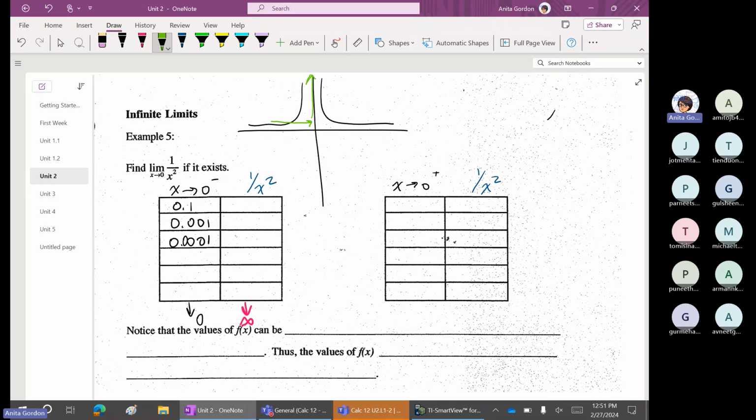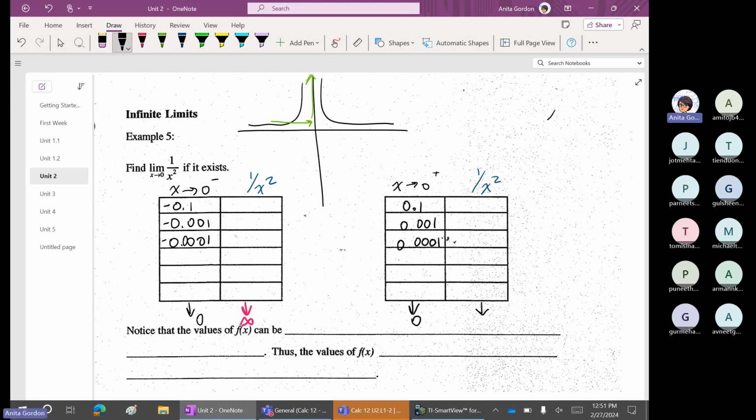Okay? And the opposite is also true. Let's approach from the other side. Sorry, these were supposed to be negative numbers because it's on the left side, but the positive numbers are going to do the same thing. 0.001, 0.00001, and so on, getting closer to 0.